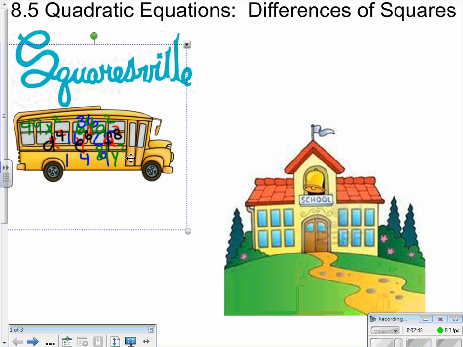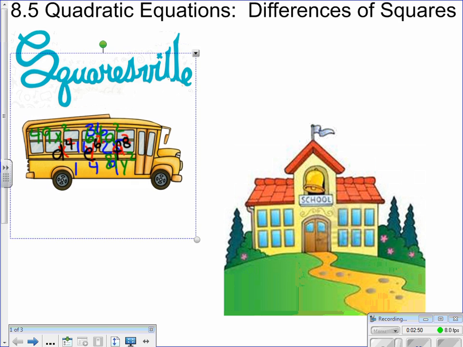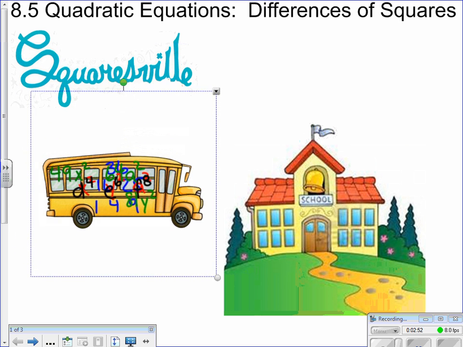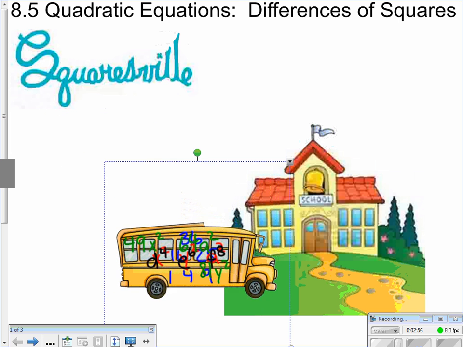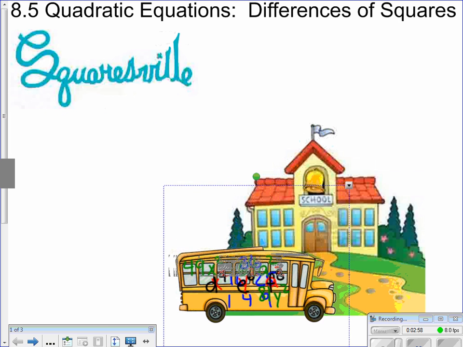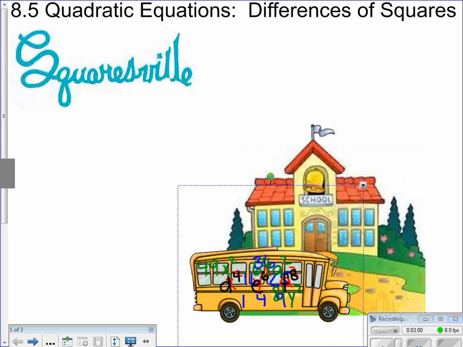Once the bus is filled, off it drove through the special gates into the land of Squaresville. The first stop the bus always made was at Squaresville High School. Here was the perfect place for all the squares to meet and make friends. As in all high schools, as soon as the squares got together, love blossomed. And a squared met b squared.